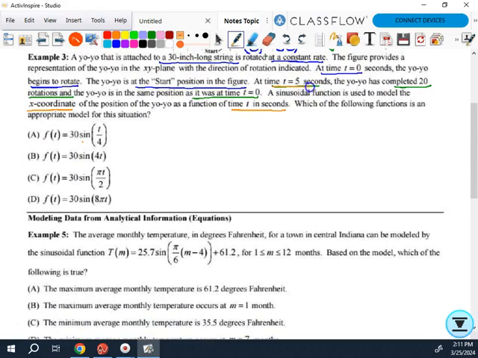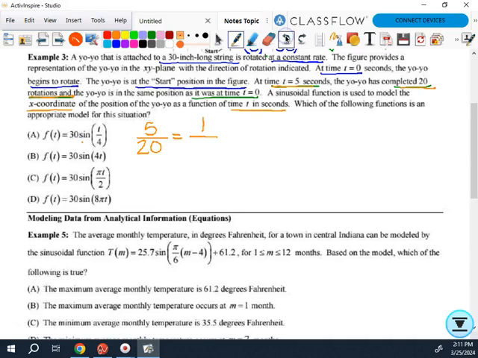So it says at time 5 seconds, we have completed 20 rotations. So I know in 5 seconds, I've done 20 rotations. I want to know how many seconds for 1 rotation? You've been doing proportions forever, right?